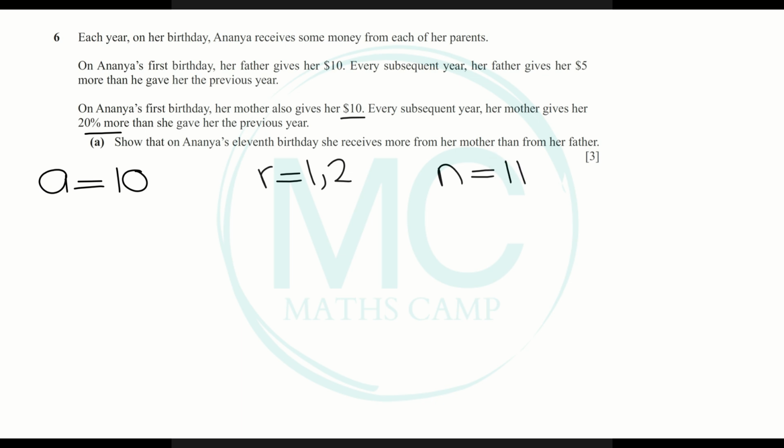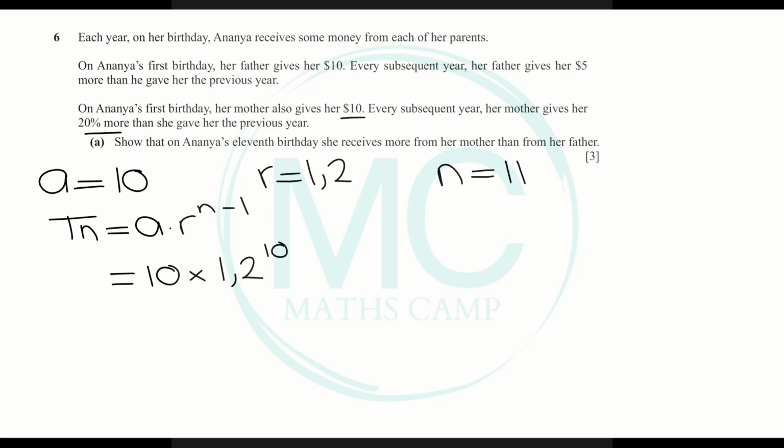For a geometric progression, we say Tn is equal to A multiplied by R with an exponent of N minus 1. In this case, A is 10 multiplied by R, 1.2. N is 11, so N minus 1 is equal to 10.